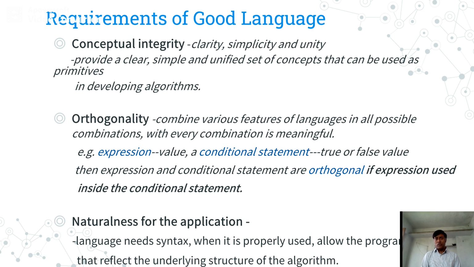First one is conceptual integrity. Conceptual integrity means any programming language must have clarity, simplicity, and unity. Any programming language must provide a clear, simple, and unified set of concepts that can be used as primitives in developing algorithms. So the next attribute is orthogonality. Orthogonality means combining various features of the language in all possible combinations, with every combination being meaningful.